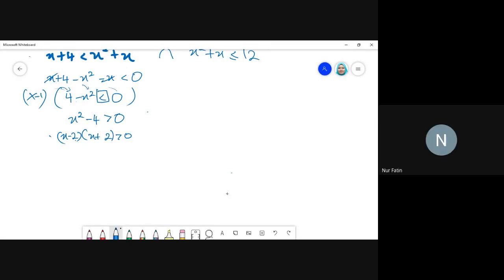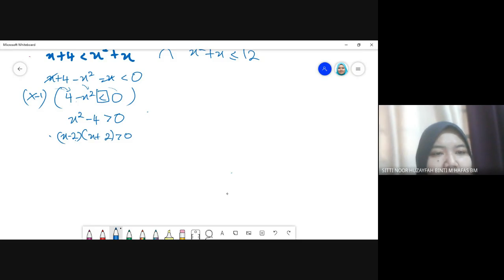Bila darab negatif 1, semua kena darab dengan negatif 1. 4 ni pun kena darab negatif 1, kosong ni pun kena darab negatif 1. So lepas darab semua dengan negatif 1, kita dapat dalam bentuk X kuasa 2 tolak 4 lebih besar daripada kosong.